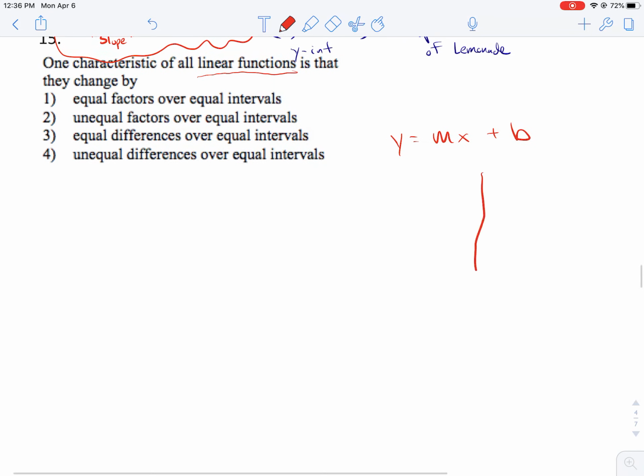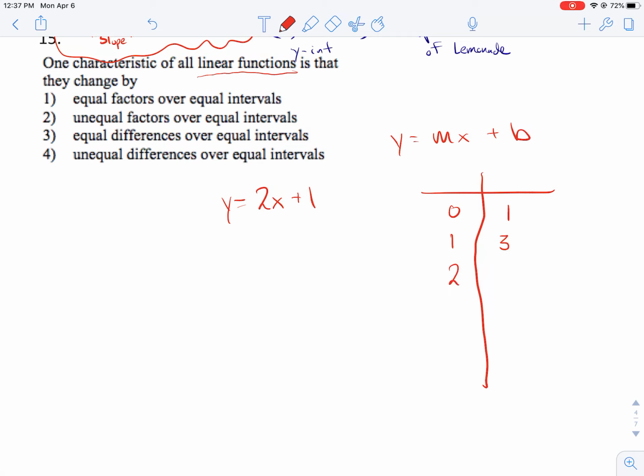Let's see, I'll put number 3 here. Okay, so here's what a linear equation looks like: y equals mx plus b, right? Let's just pick a function, something simple: y equals 2x plus 1. So our y-intercept is 1.